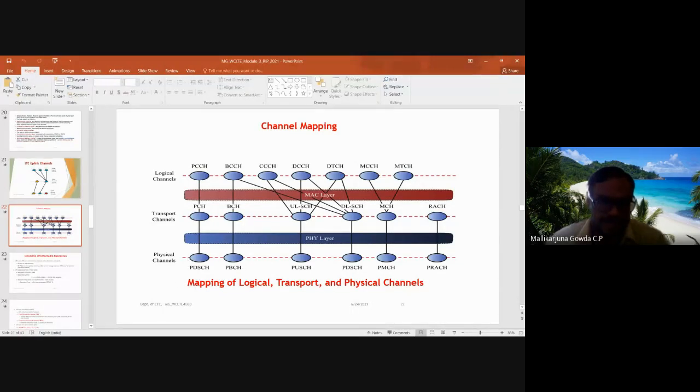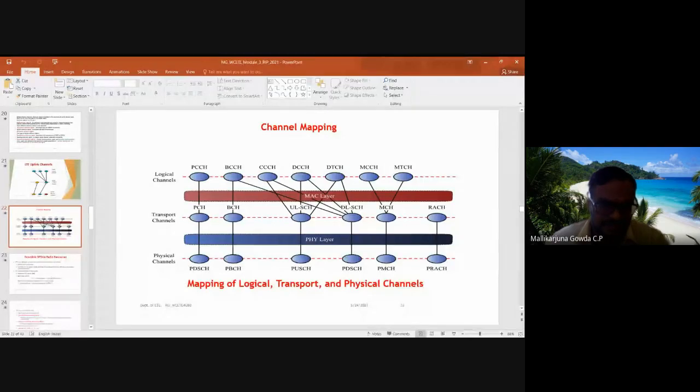Do you have any questions? At least from your end, is it possible to say, I would like to hear about the reference signals? Any one of you, is it possible to say what are the physical reference signals in LTE? Physical reference signals.